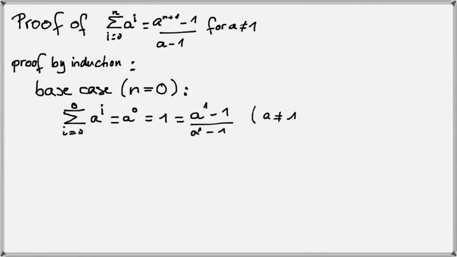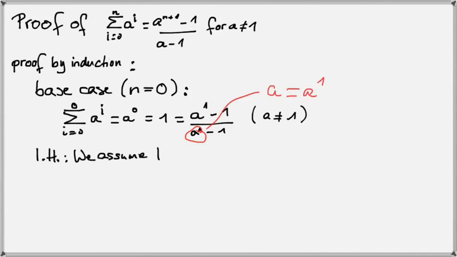This is the same as a to the 1 minus 1 divided by a minus 1, that is a to the n plus 1 with n being 0, as long as a is not 1. So both sides, the left hand side and the right hand side of what I want to equate, are the same for the base case.